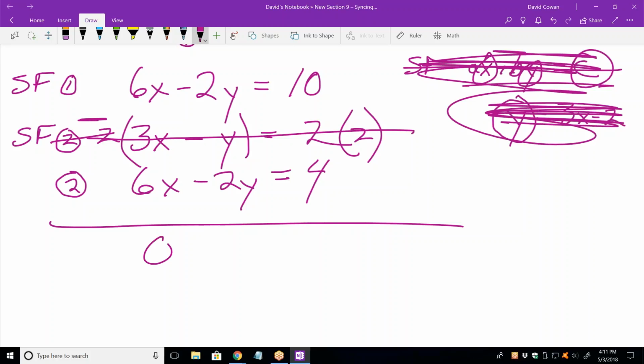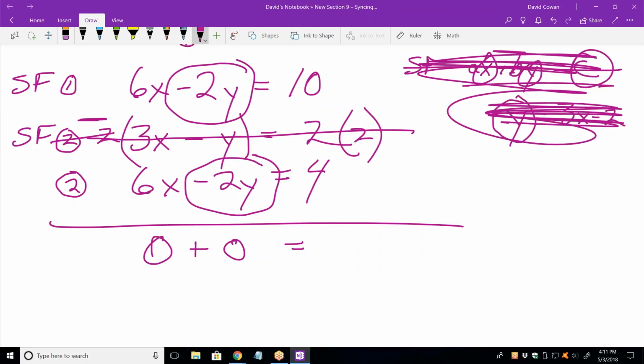When I take minus 2y and subtract the minus 2y, I get 0 there. But when I do 10 minus 4, I get 6. So I end up with 0 equals 6. What does that tell me? That it is no solution.